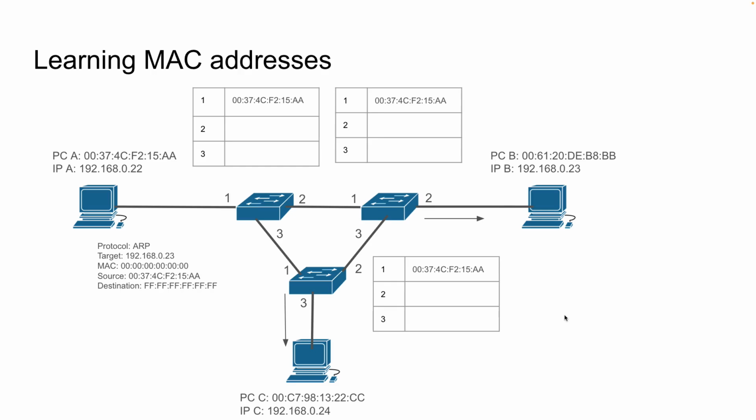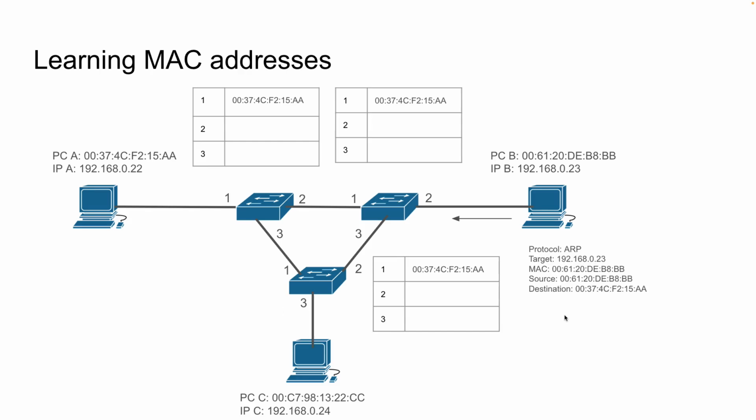It loads every segment. Okay, so personal computer B as well as personal computer C must analyze the ARP request. Personal computer C understands that this ARP request is about some different IP address, not equal to its local IP 192.168.0.24.